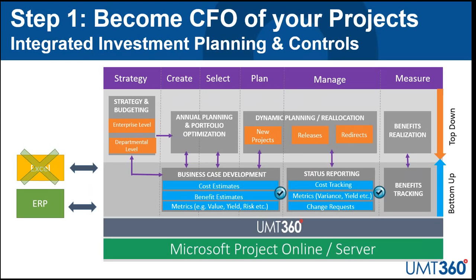Once we move into the execution phase, we often hear from PMOs that automating recurring status reporting, let's say on a monthly cadence, is a key challenge. So being able to automate that process of status reporting, spend less time manually reconciling data and building reports is key.